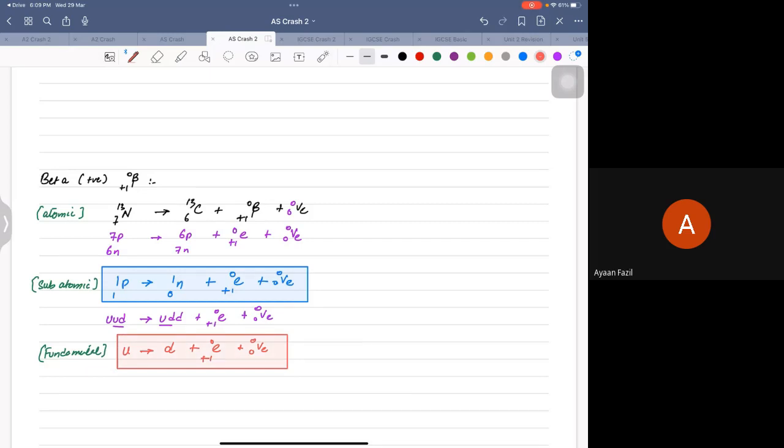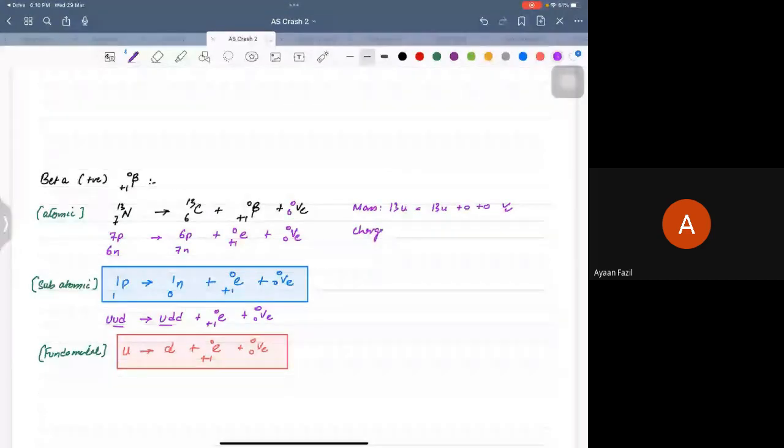Now we're going to check whether they're correct. So for the mass, it is 13 U equals 13 U plus 0 plus 0. So it's conserved. For the charge, it is plus 7E equals plus 6E plus 1E plus 0.